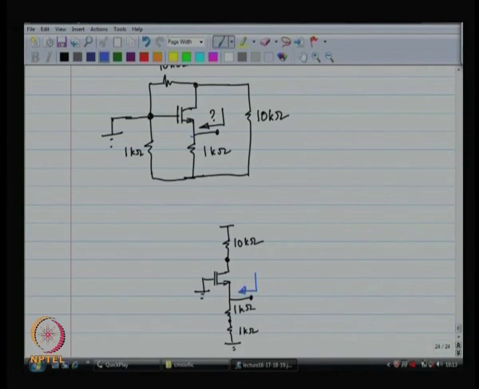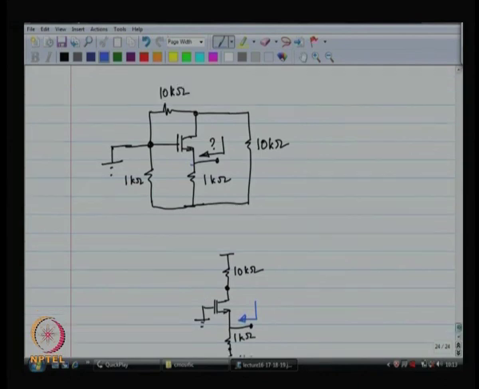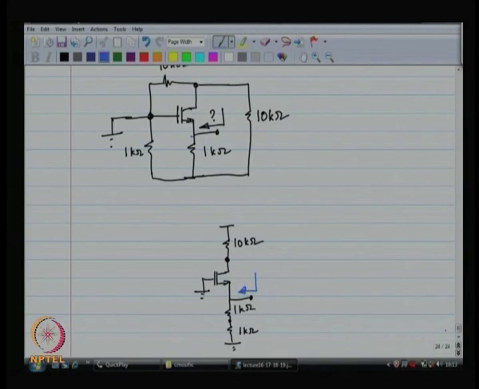I need the drain to connect through 10 kilo ohms to ground. Okay, that is better. That is better, right? Okay.